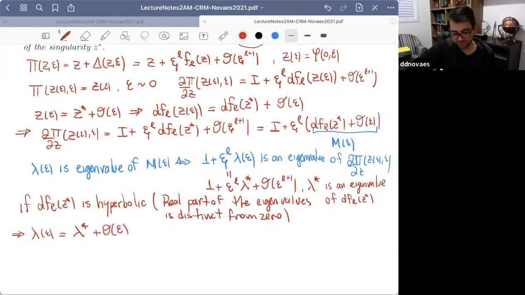This is always true when the matrix is hyperbolic, and this implies exactly what I have written here.